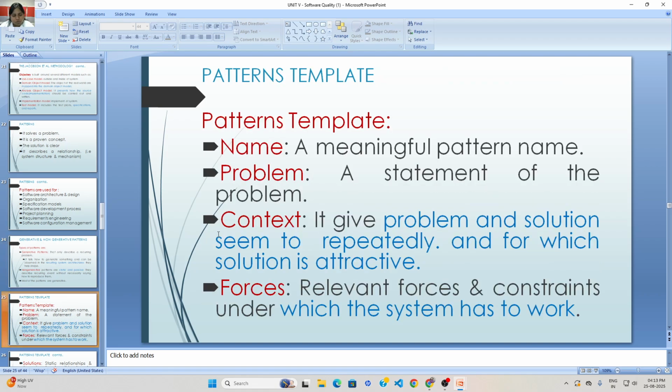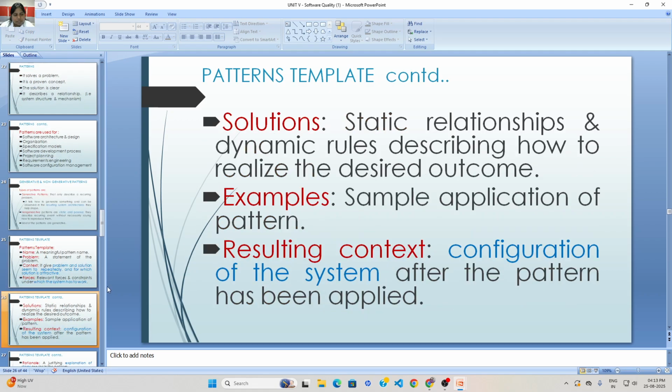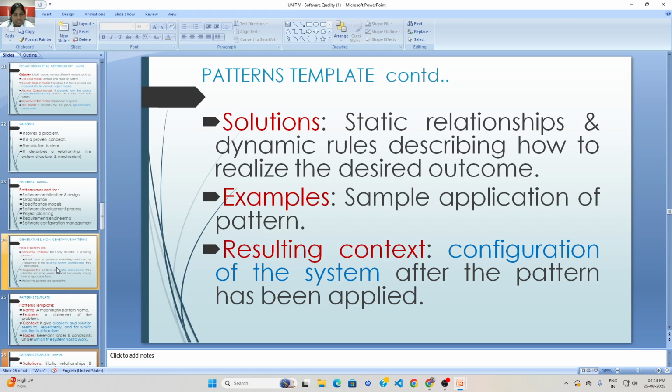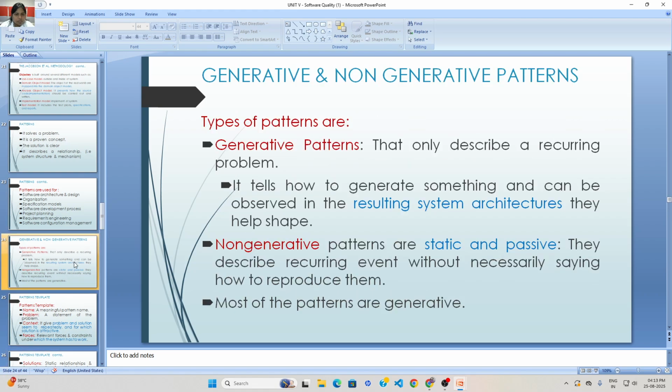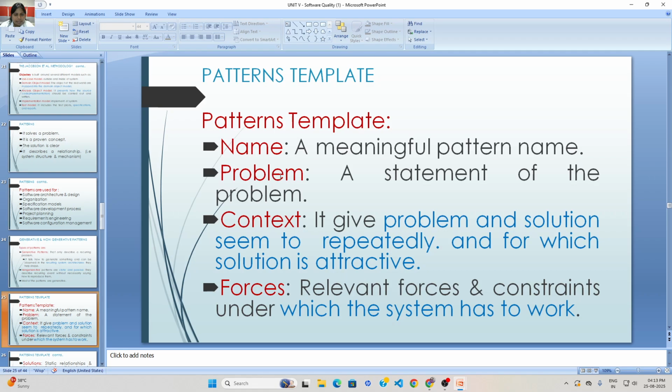Pattern template. The pattern template has five components. First one is name, problem, context, forces, and solutions. Name is a meaningful pattern name, and problem is a statement of what the problem is. We should mention that here.